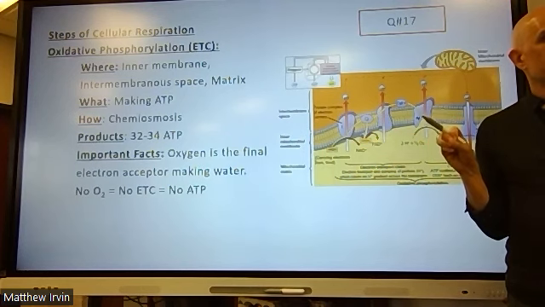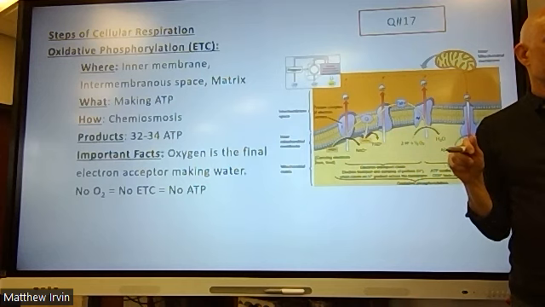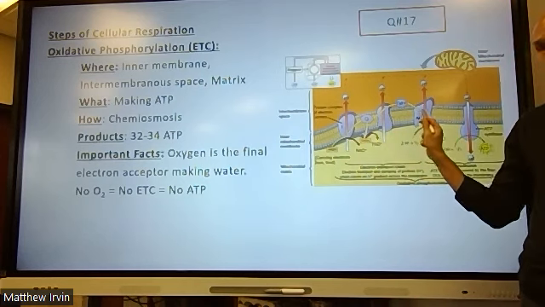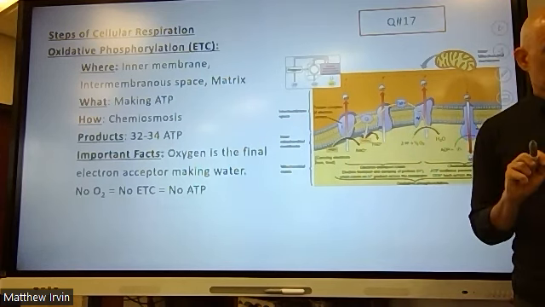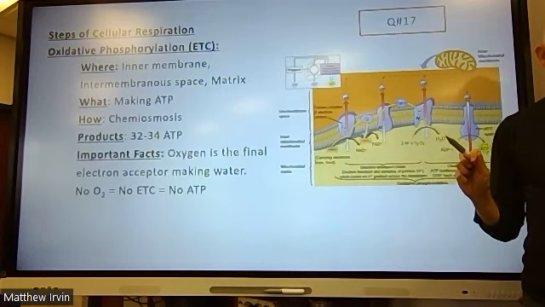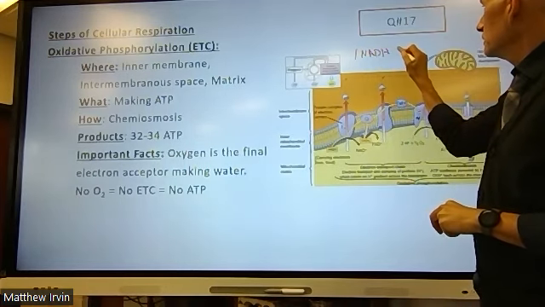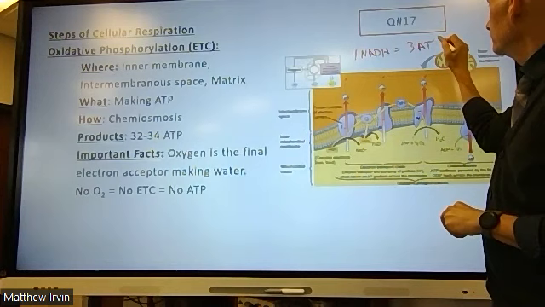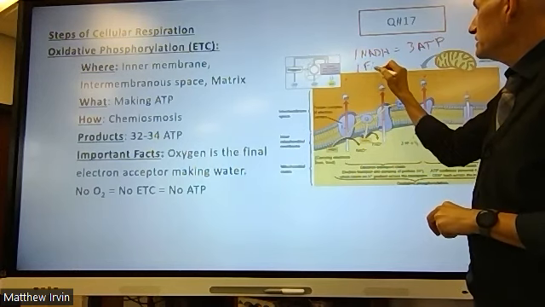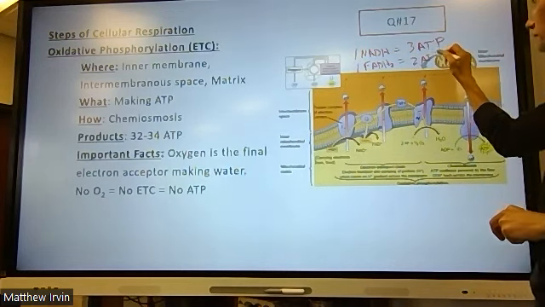Why is that significant? For every NADH, we get how many ATP? 3. For every FADH2, we get 2. So 1 NADH equals 3 ATP. 1 FADH2 equals 2 ATP.